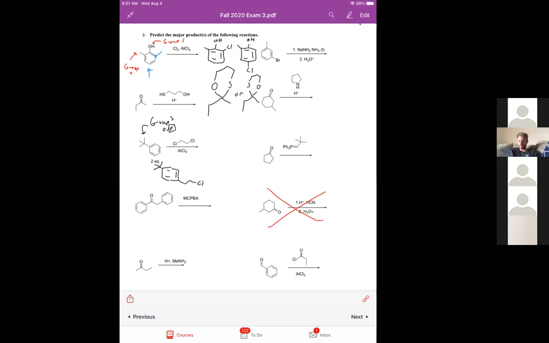We can now have this interact with another equivalent of our starting material because we said we had two equivalents of it. It's still an ortho-para director. It's still going to favor the para position because it's so large. This should end up forming something like this here.